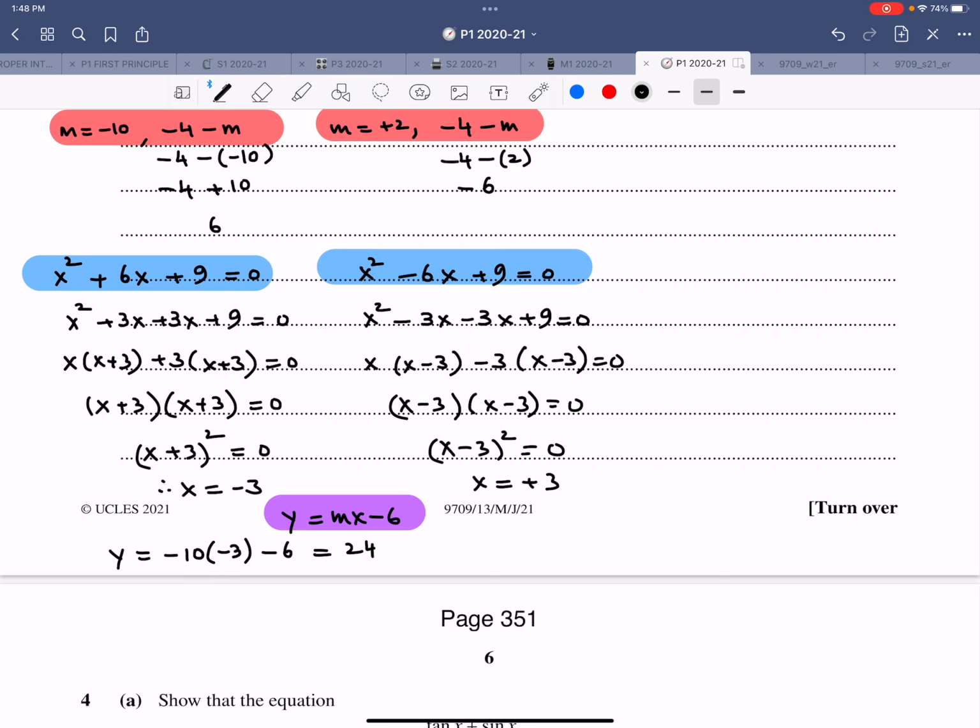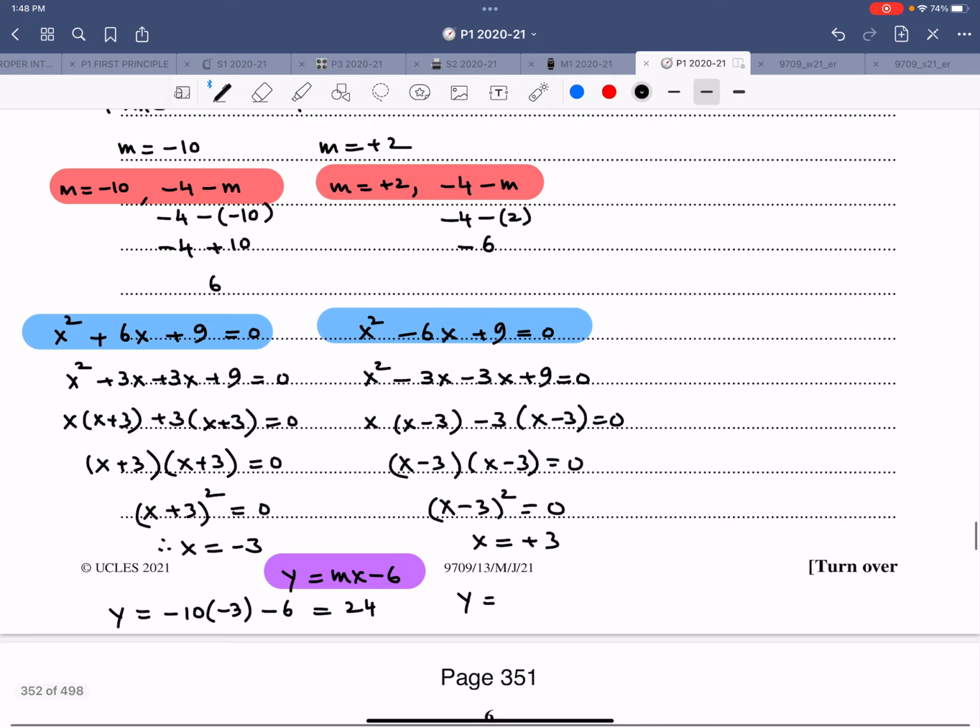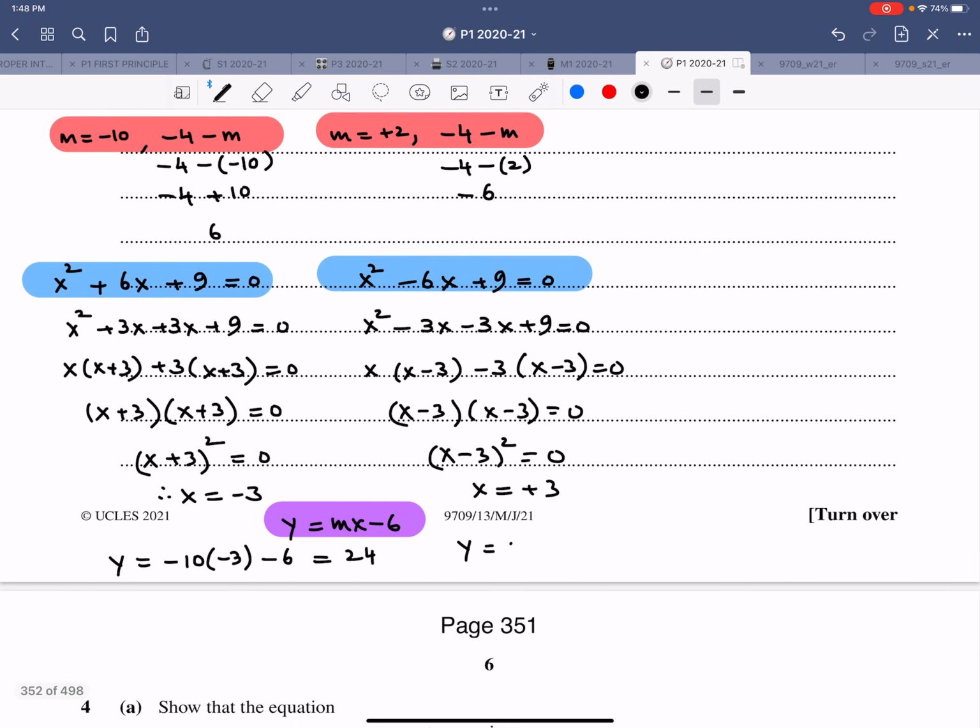And over here, y equals m is 2, x is 3, and minus 6. 6 minus 6 is 0. So therefore, the final two answers: one answer is (minus 3, 24), and the other answer is (3, 0). These are the final two answers for this one.